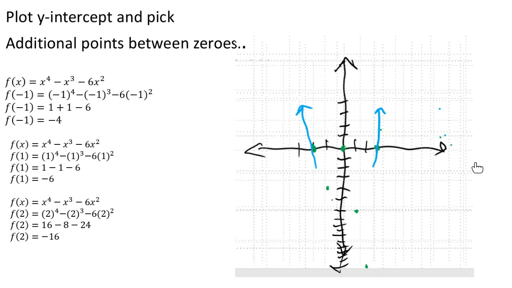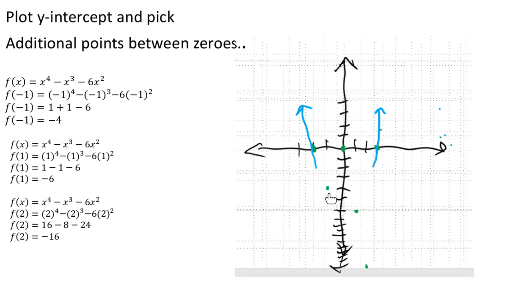And so now I can see what's going on with my graph, right? So at this point, what is the graph supposed to do? Is it supposed to cross, or is it supposed to touch and turn? Touch and turn, okay?